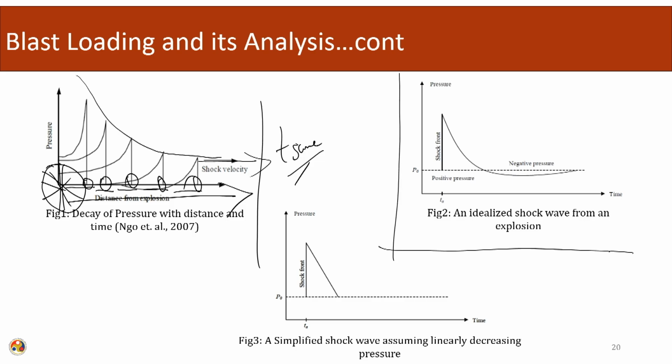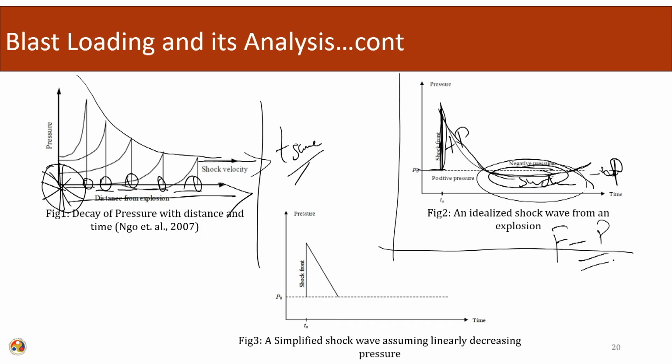This is the ambient pressure. A shock front forms, and there is a sudden increase in pressure, and with respect to time it will decay. It decays and goes beyond the ambient pressure, which means that suction increases, so it is denoted as a negative pressure region. This is a positive pressure region and this is a negative pressure region, where the suction will occur. This is what we know as the Friedlander's profile.